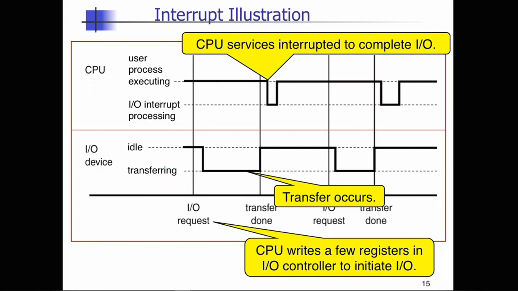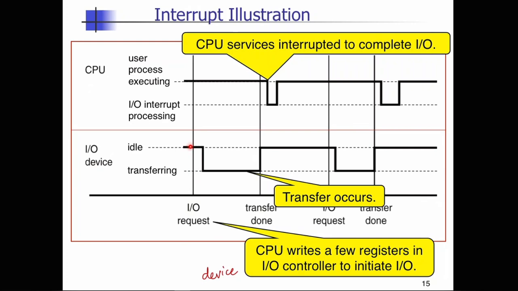So things will start off, but when the I/O requests the CPU's attention, the CPU is going to write a few registers in the I/O controller, also called the device controller, and that will initiate the I/O operation. So that happens at that time step.